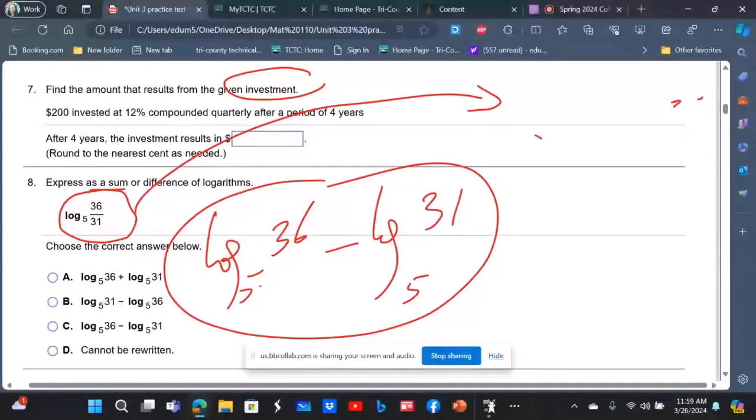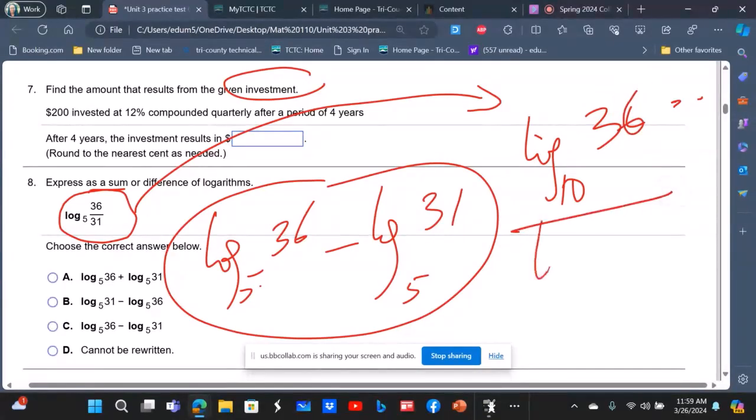So I will do log to base 10 of 36 divided by log to base 10 again of 31. So you change the base.